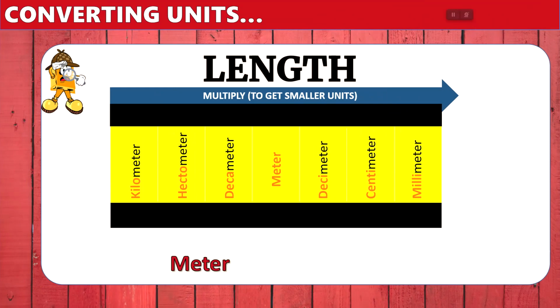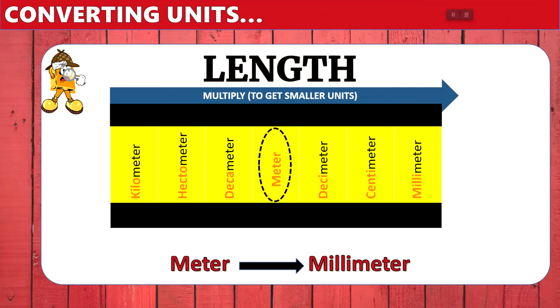And here's another one. If we wanted to convert from meters to millimeters, let's locate where meter is. Here it is. We want to end up at millimeters, and we have to see how many steps it takes to get us from meter to millimeter. In this case, we go from meter to decimeter, decimeter to centimeter, and then centimeter to millimeter.